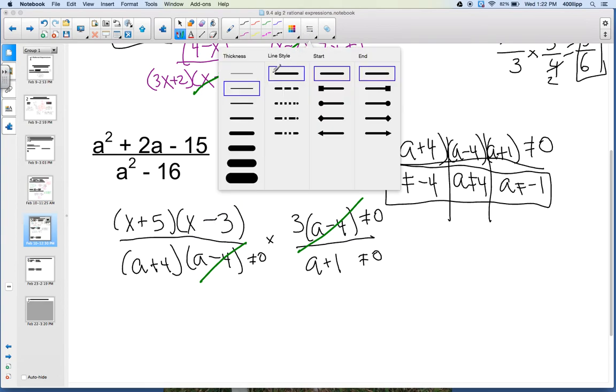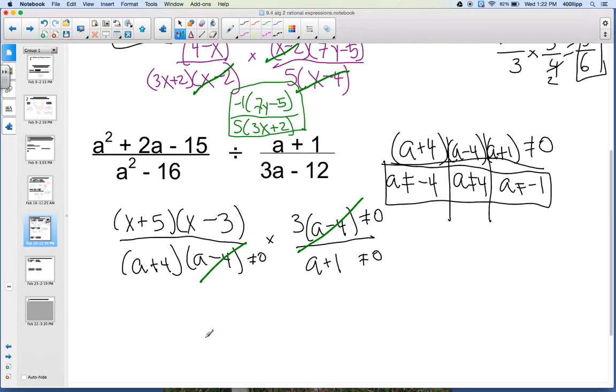So we just will rewrite everything else. So I'll put my number in front. It's a coefficient, and we always put our coefficients first. X plus 5, x minus 3, over, I have an a plus 4. Oh, I'm sorry.